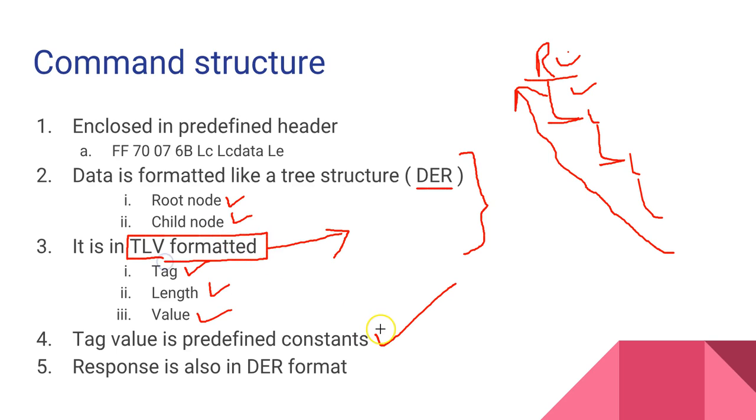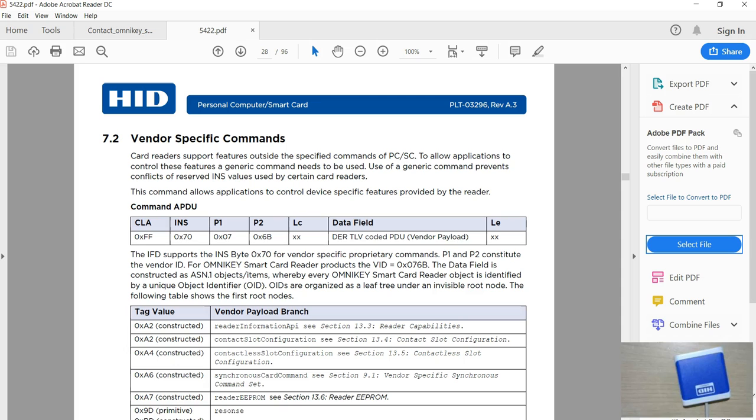With this background, I'm going to show you a couple of vendor specific commands. I'll be using OMNIKEY 5022, but probably most of the OMNIKEY readers have the same concept. So if you understand using one reader, you can also use these commands for other readers as well.